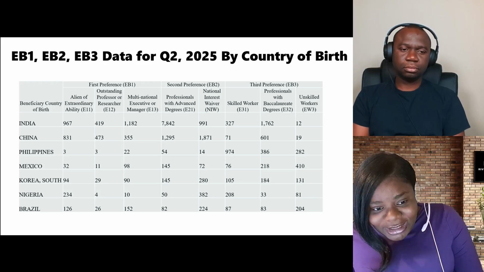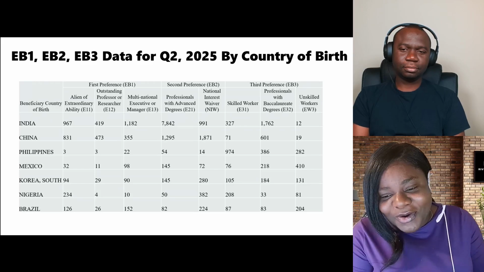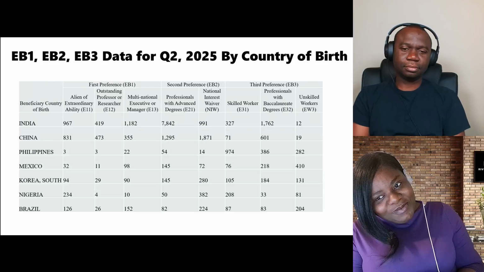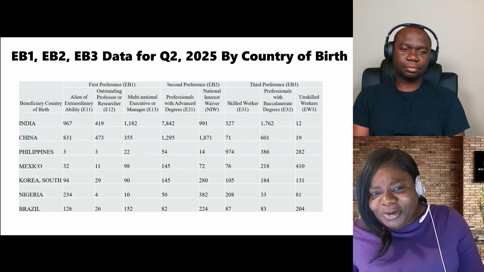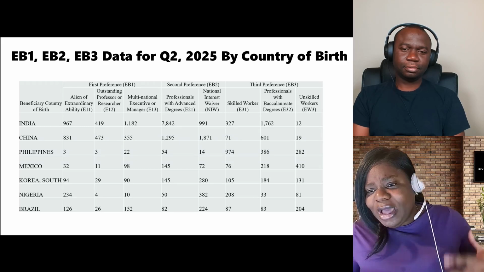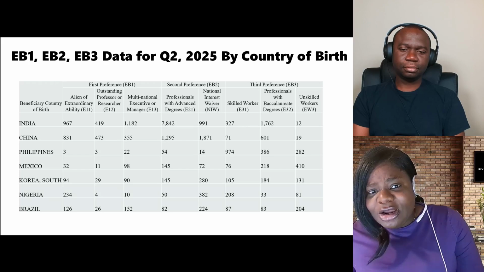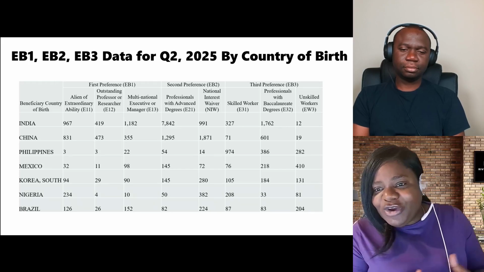And for NIW, a lot of people from Nigeria are applying or getting approvals for EB2 NIW more than EB1. We also have some people, unskilled workers and professionals with just their bachelor's, going through EB3 and getting approvals. These are great numbers. Skilled workers, 208 from Nigeria getting approval.